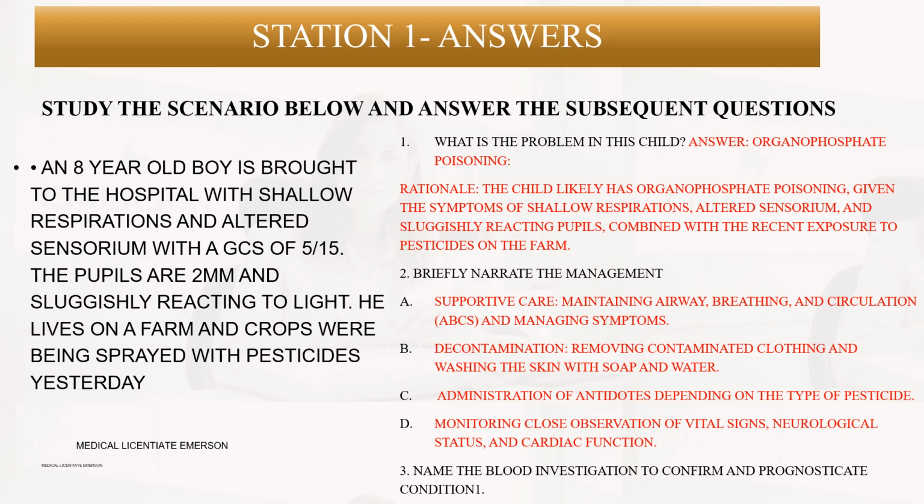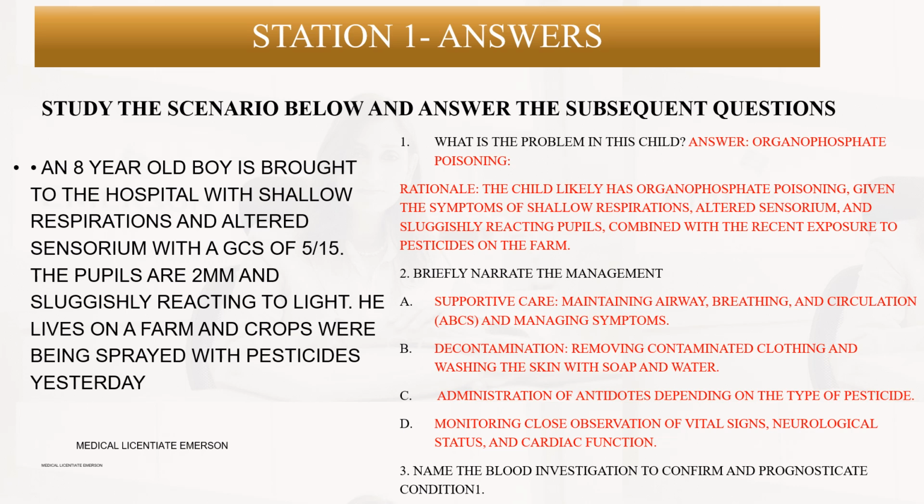Then the second management point is decontamination. So you have to remove contaminated clothes and wash the skin with soap and water. Before you even start maintaining the airway, breathing and secretions, you have to begin with decontamination, and of course yourself you have to put on a protective gown.